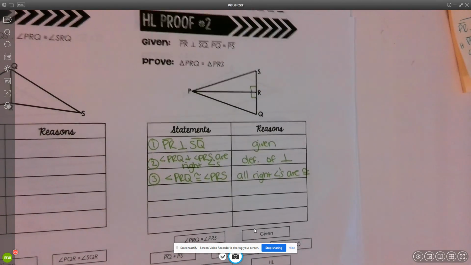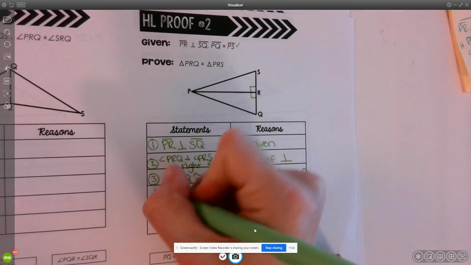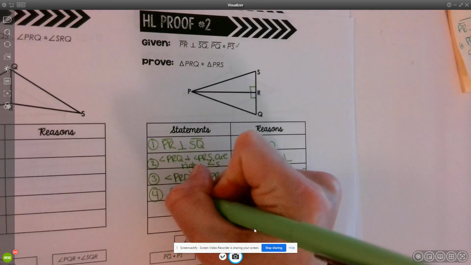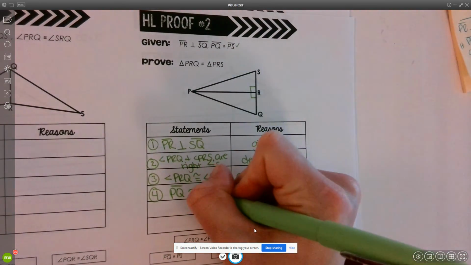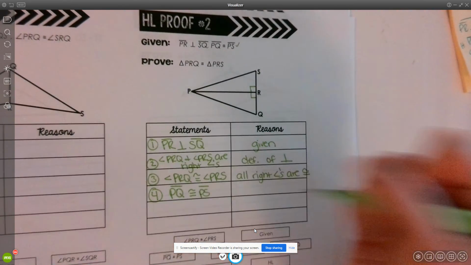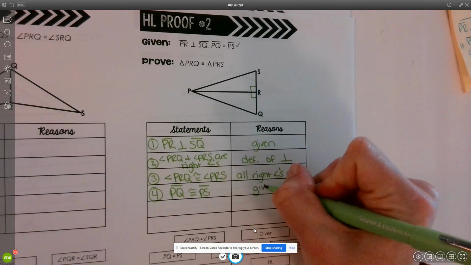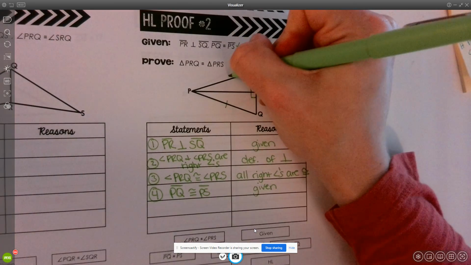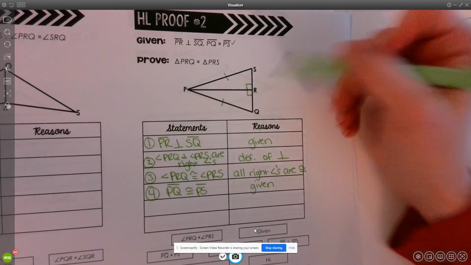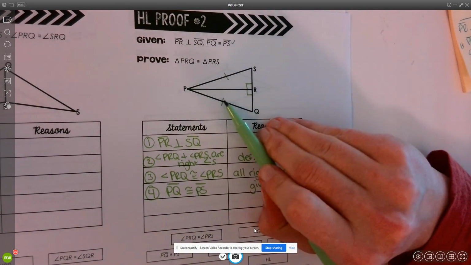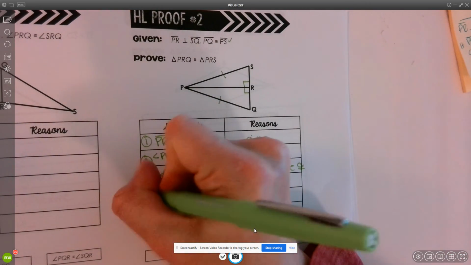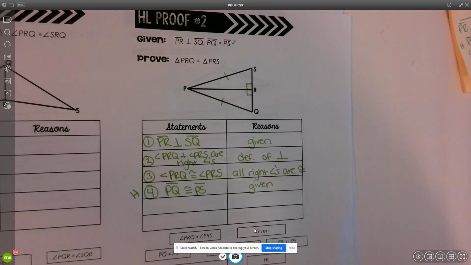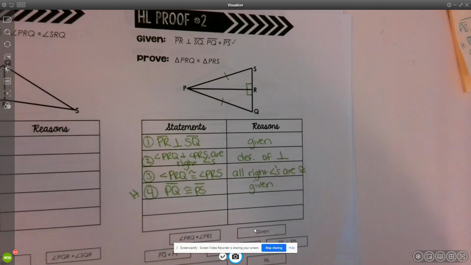All right, our next given that I haven't used yet is line segment PQ is congruent to line segment PS. That is given. I'm going to put that in my proof. And so looking at my picture, here are my two right angles. These two sides are the hypotenuse of each right triangle.